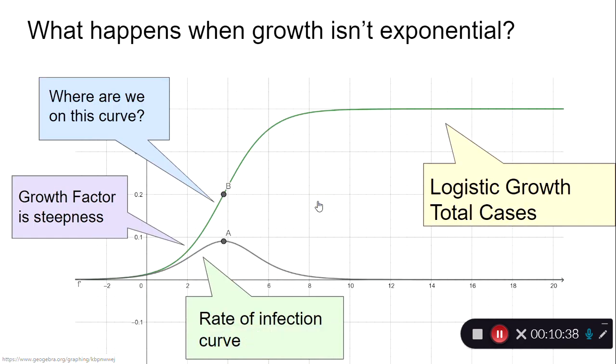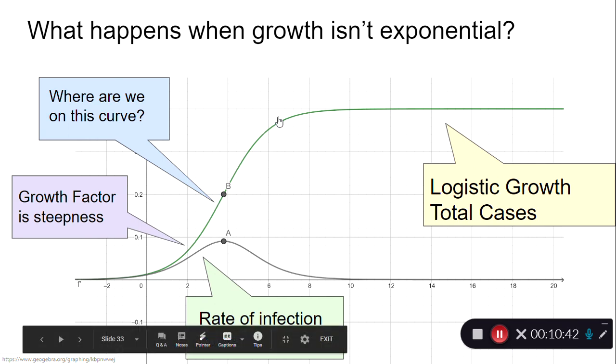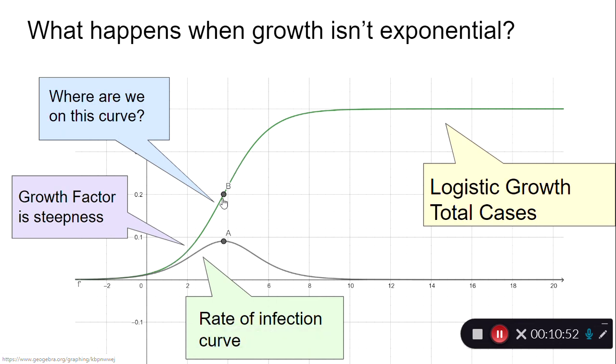So let's look at this graphically. All right. This green curve here, this is what's going to happen eventually. So initially, the curve is exponential, right up until B, more or less. We don't know where we are on this curve right now. We don't know if we're still here in exponential growth. The top of this curve is not fixed. It depends on what we do.